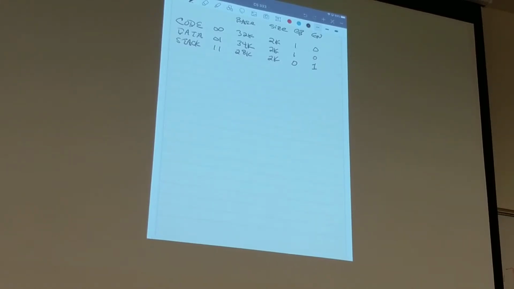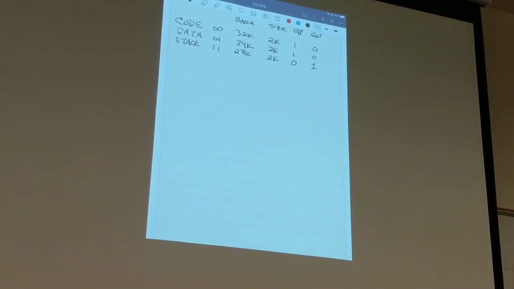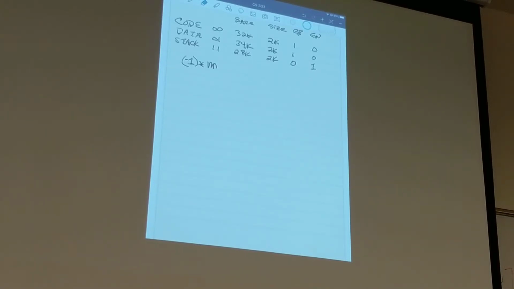Where 0 and 1 mean true or false, but we're going to use them as actual numbers. Okay. It turns out that the formula you can use is -1 times the maximum segment size. Okay, we're going to take the -1 to the GN.